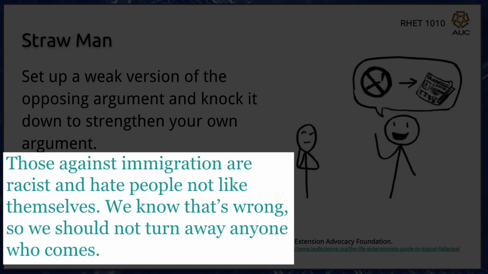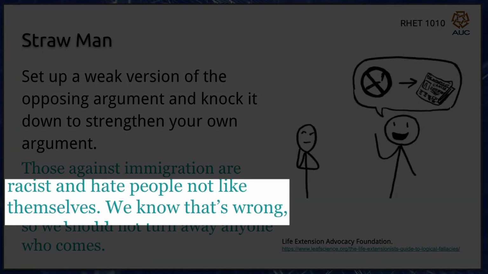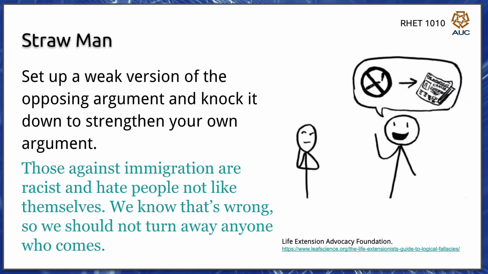Those against immigration are racist and hate people not like themselves. We know that's wrong, so we should not turn away anyone who comes. Well, here, the person arguing in favor of immigration says that people who are against it are racist and haters. Now, assuming those that are against immigration are doing it because of racism and because they hate people, that's assigning a motive to them that you simply don't know is true or not.